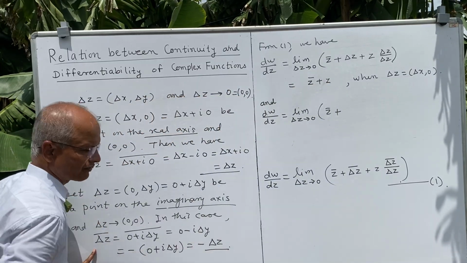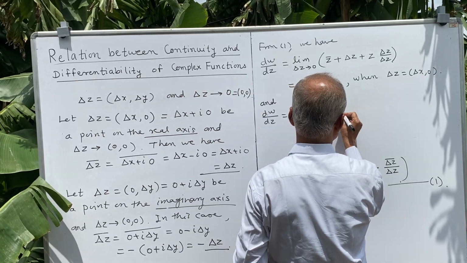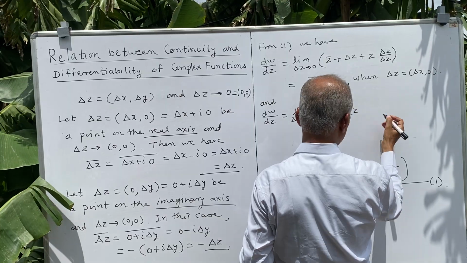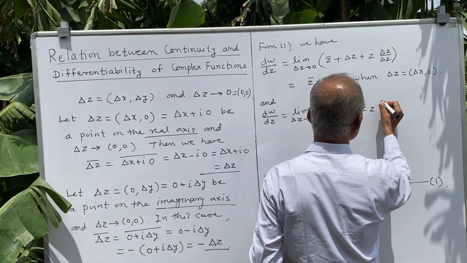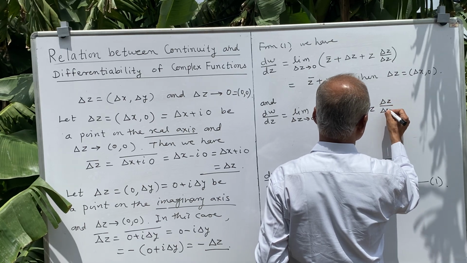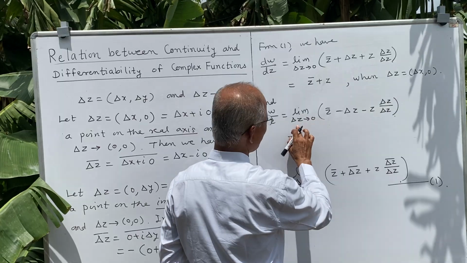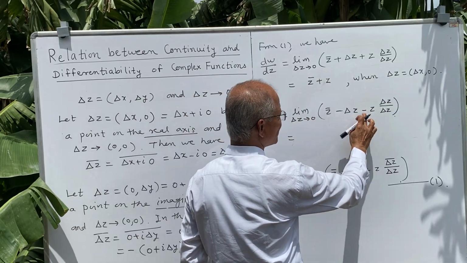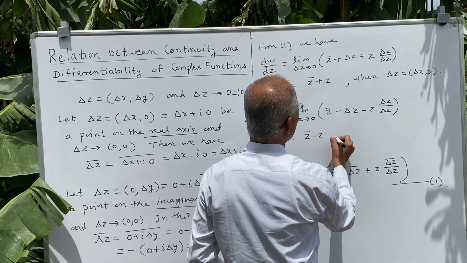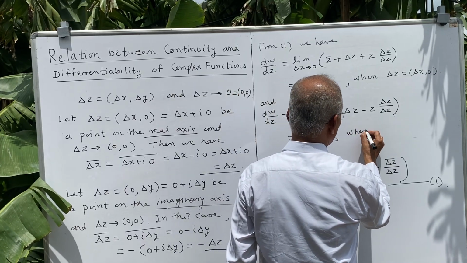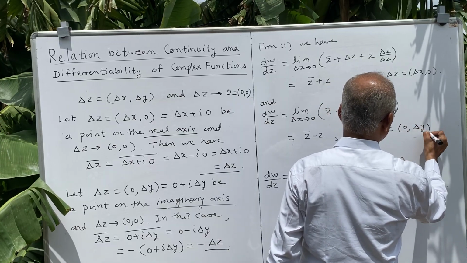It is negative of delta z, so this is z bar plus (minus z into delta z) divided by delta z. Now put the limit as delta z tends to 0, and what we get is z bar minus z when delta z is equal to 0 comma delta y.